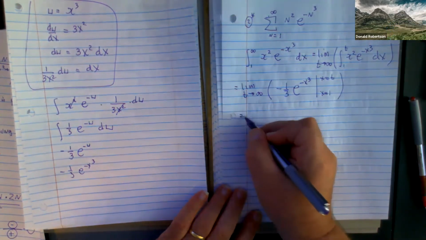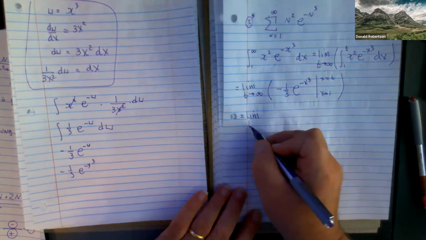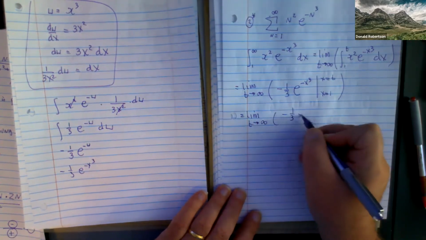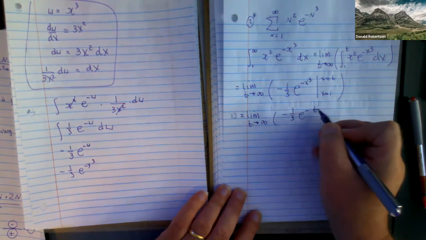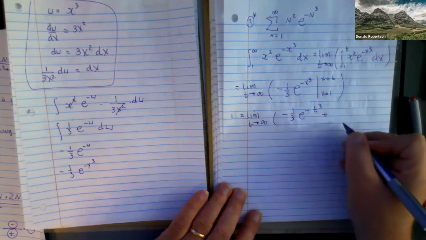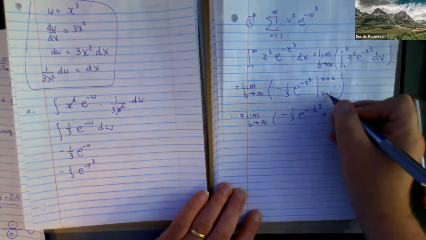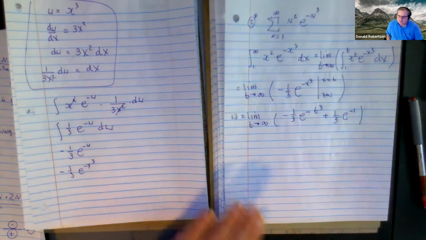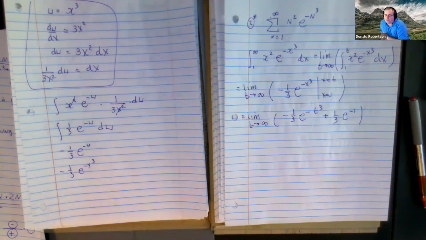Now, it's going to be the limit as t tends to infinity of negative 1/3 e to the negative t cubed. Take away a negative is essentially add 1/3, put in 1 here, you get e to the negative 1. So just cutting some corners, that's what we have to deal with here.